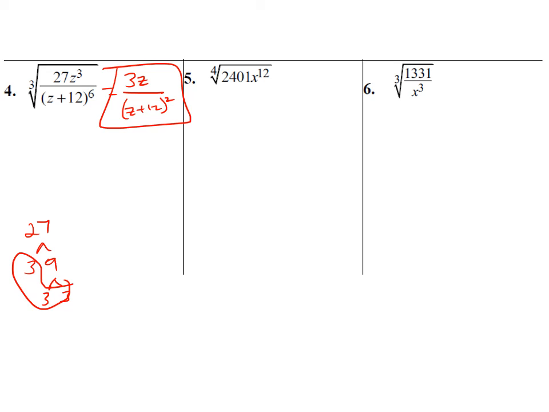Okay? I have 2,401 x to the 12th, and I'm going to think about how can I break that down. So if you're trying to think about numbers that multiply, you want to think about numbers that, if you look at your multiplication table, what numbers end in a 1?